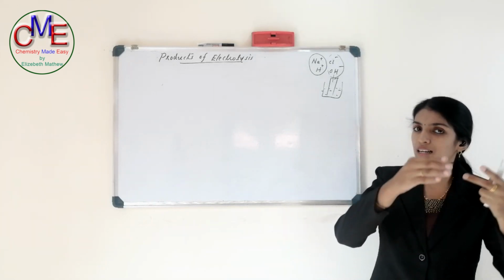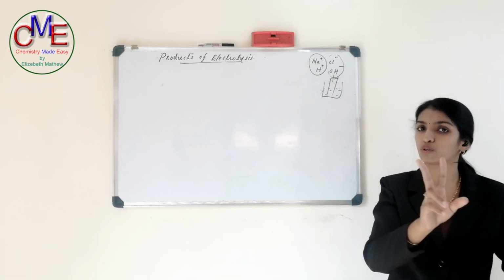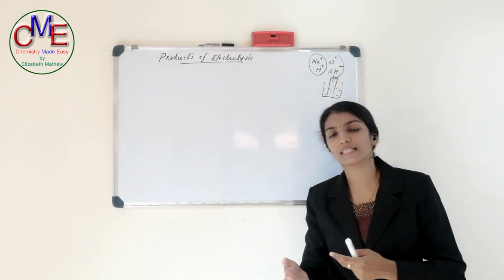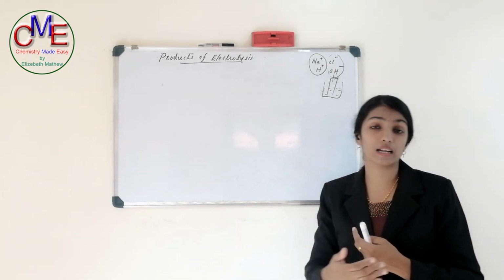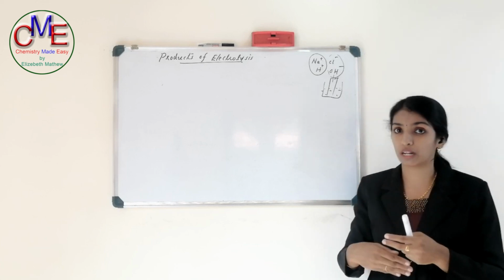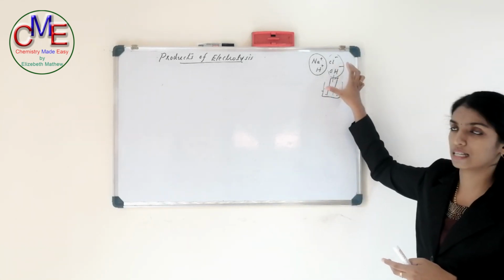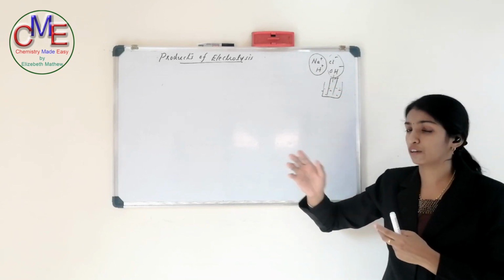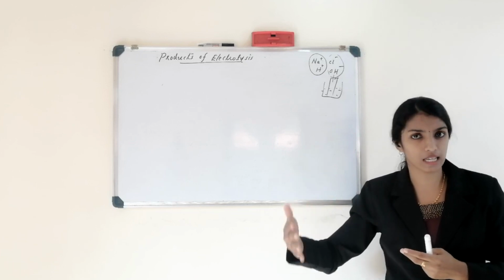So, one factor is the nature of the electrode. The electrode may be of two types, inert electrode and reactive electrode. That will decide the product of electrolysis. And the second factor is the reduction potential. This is applicable only in certain cases. For example, molten sodium chloride contains only Na plus ion and Cl minus ion.